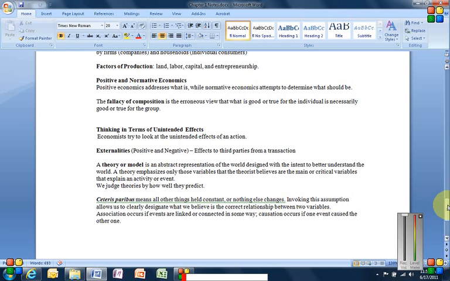So we say, for instance, that a normative economic statement could be that if we cut taxes, our GDP will grow in the United States. That's a prediction. We don't want to neglect adding the phrase ceteris paribus, which means assuming nothing else changes, because we could cut taxes, and in fact that action could help GDP grow.